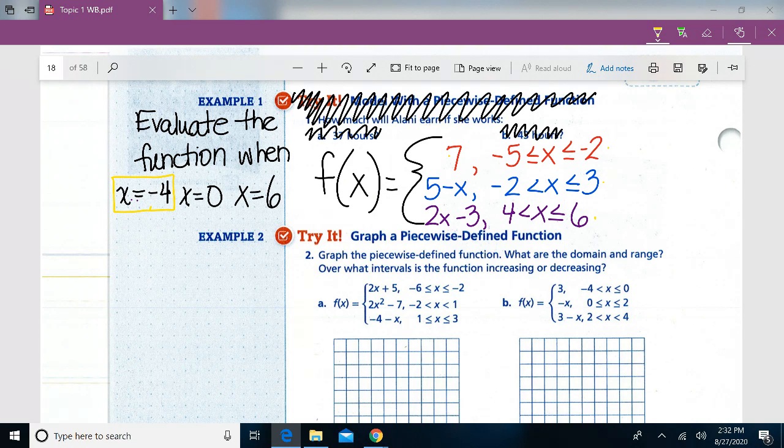Well, negative 4 fits into this domain because negative 4 is between negative 5 and negative 2. So when x equals negative 4, f of negative 4 equals, and there's nothing to substitute that negative 4 into, f of negative 4 equals 7. So I'm going to use this line anytime I'm given an x value in between negative 5 and negative 2.